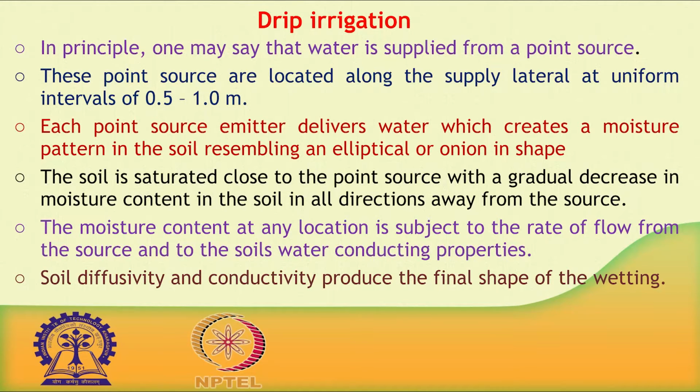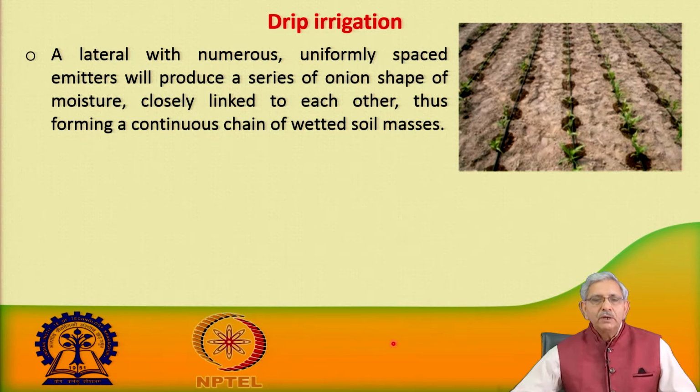So, the shape of wetting will depend upon the way the particular type of drip emitter is discharging and the type of soil. Any lateral has numerous uniformly spaced drip emitters, which will produce a series of onion shaped moisture patterns that are closely linked with each other, thus forming a continuous chain of wetted soil masses.